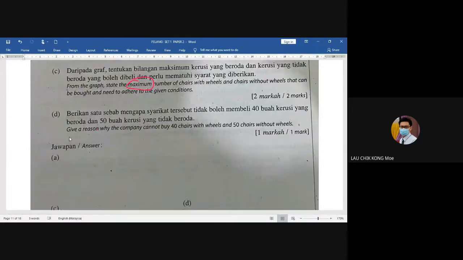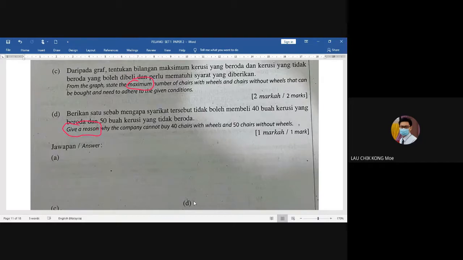So that is tough. But the marks are not many, only 1 mark or 2 marks. So don't worry too much. If you don't know how to give the reason, it's okay. Normally just give what you understand about the question.